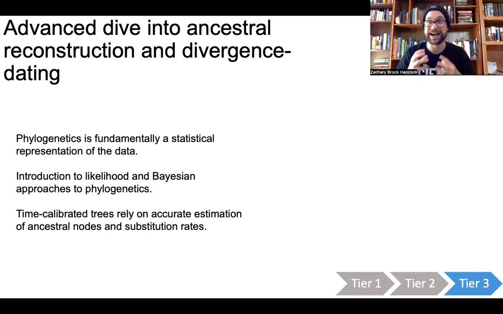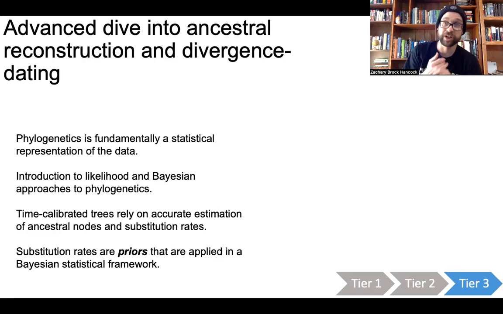Time-calibrated trees rely on our ability to accurately estimate ancestral nodes and the rates of substitution. If we want to use phylogenetics to date when two organisms diverge from each other, we need to be able to estimate this correctly. Furthermore, we're going to talk about how substitution rates act as priors applied in a Bayesian statistical framework, and we're going to explain what a prior is and how Bayesian statistics actually works.